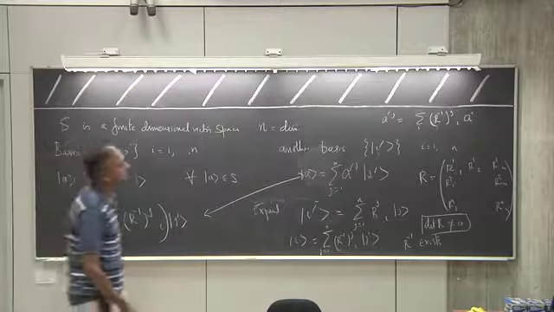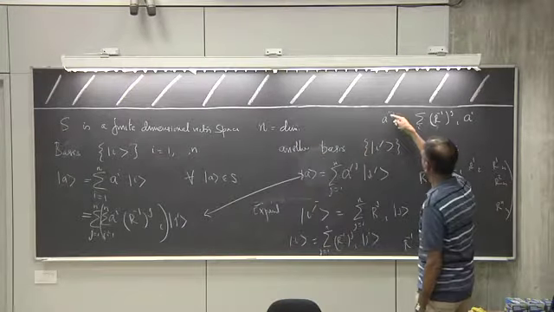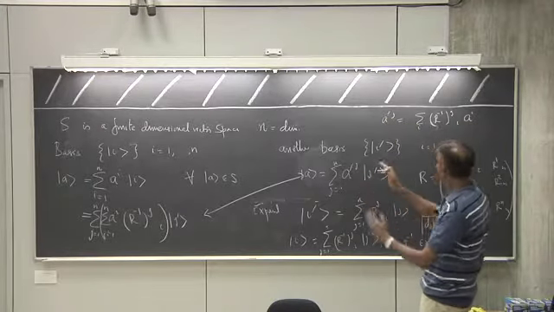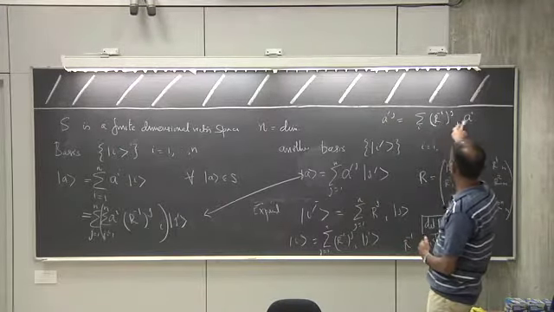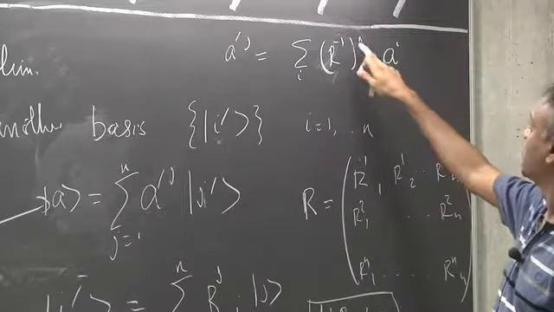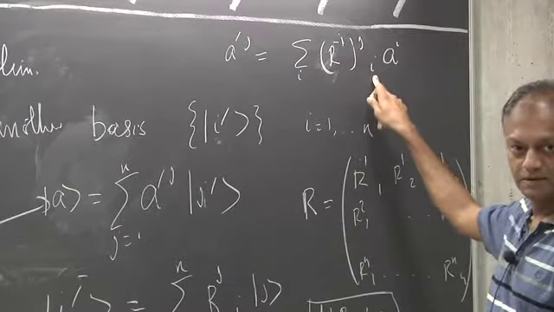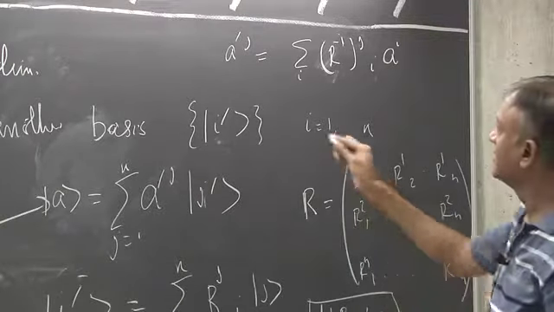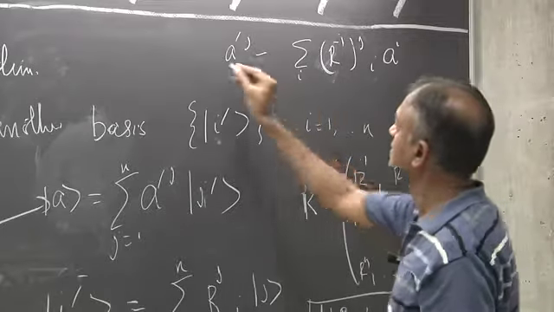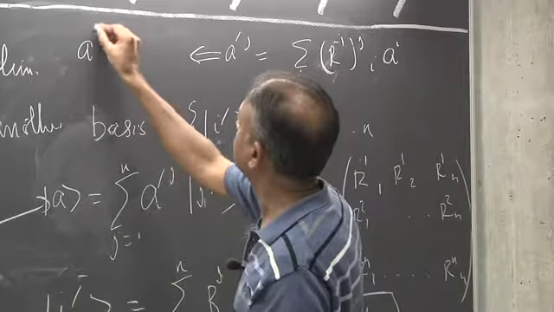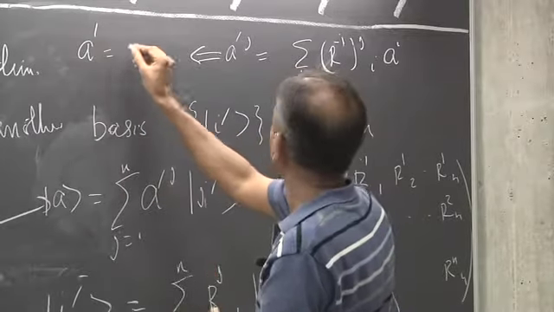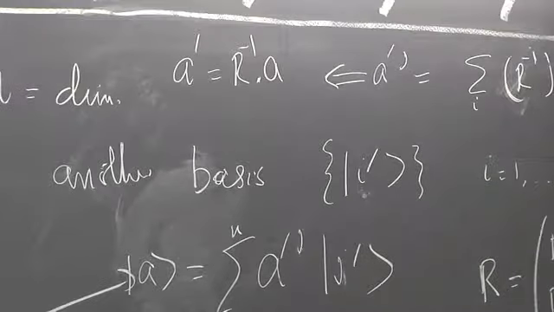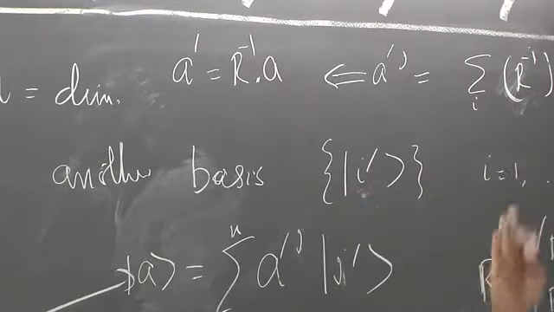Okay, you can write it in the matrix language in a very convenient way if you arrange these A's and A primes in a column vector, right? Then you recognize this is just an ordinary matrix multiplication because J refers to the row, I refers to the column, right? And here I'm arranging it into a single column vector. Then in the matrix language, this is the same as A prime, thought of as a column vector, is R inverse times A, matrix multiplication now, where these A's and A primes are column vectors.